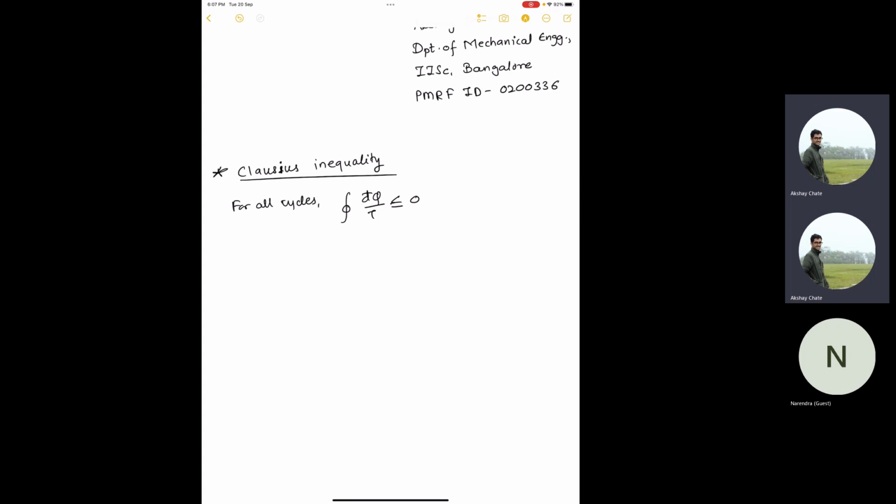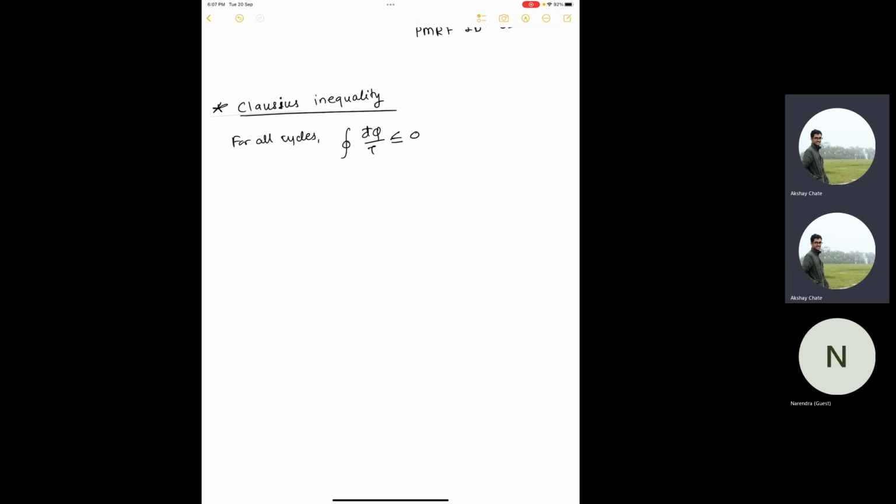The equality holds when the process is completely reversible, internal as well as external. So since we are here, we can take one simple problem where this is used.